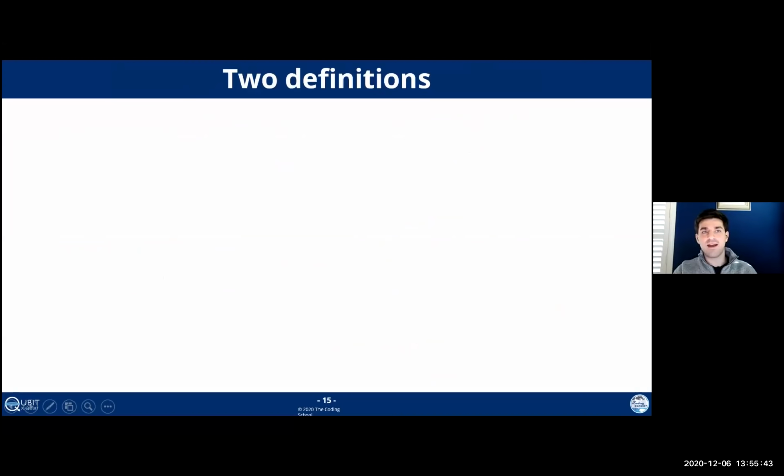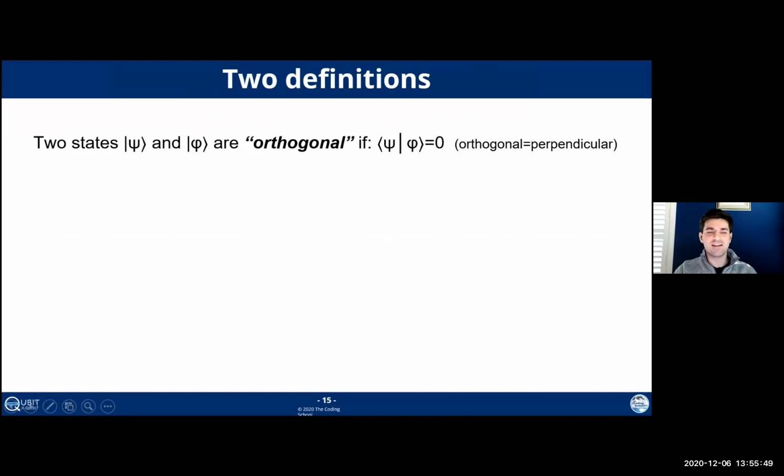Okay, so now, that was a great segue. Now we're going to talk about two definitions. The first one is that two states, phi and psi, are orthogonal. Orthogonal means perpendicular, but we refer to perpendicular states as orthogonal in quantum mechanics and linear algebra, if their overlap is 0.